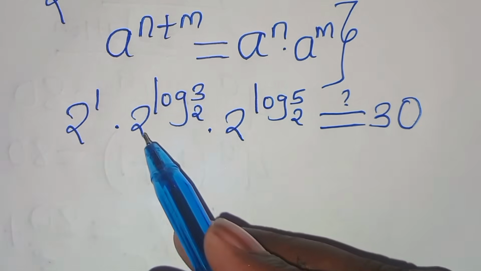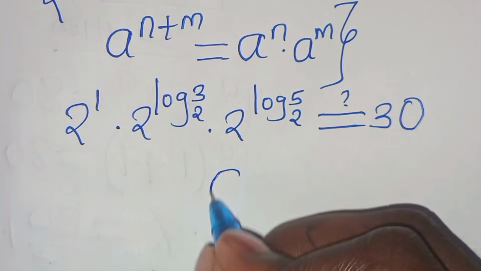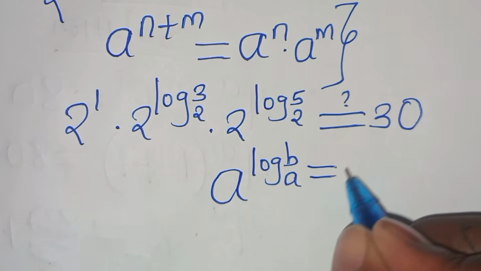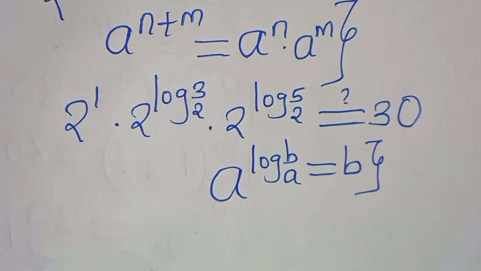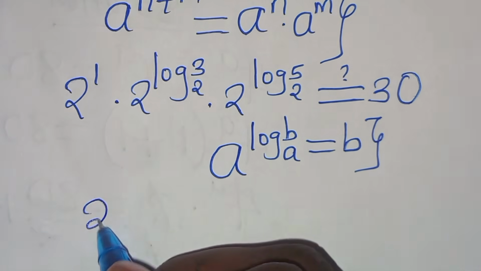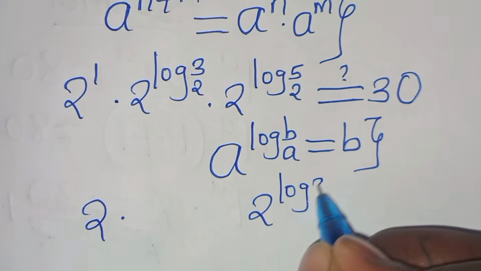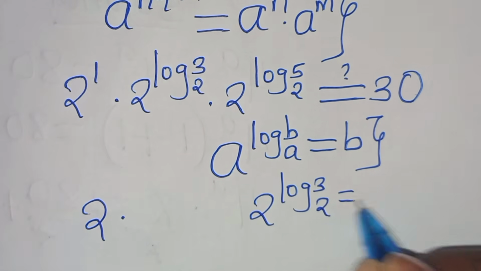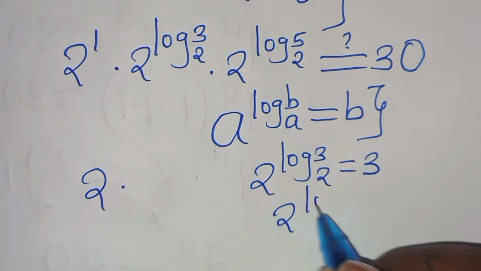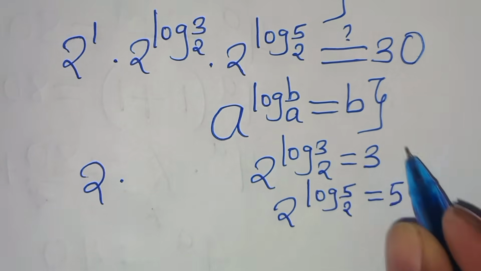The next step is that 2 to the power of log 3 to base 2 and 2 to the power of log 5 to base 2 are in the form of a to the power of log b to base a, which is supposed to give us a value of b. So let's apply this logarithm property so that we have 2 multiplied by 2 to the power of log 3 to base 2, which gives us 3, and 2 to the power of log 5 to base 2, which gives us 5.